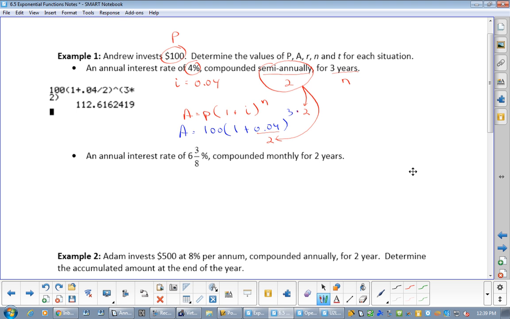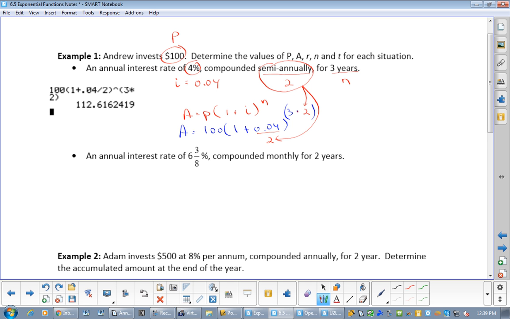So we always want to make sure we put this in brackets. The 1 will always be there.